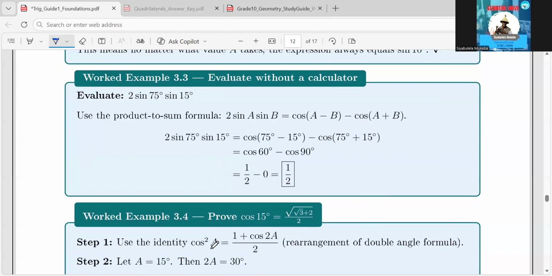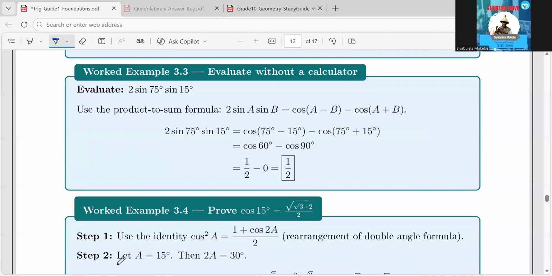Remember, the double angle formula is 2 cos squared A minus 1 is equal to cos 2A. So we are just rearranging that double angle formula here to get this.